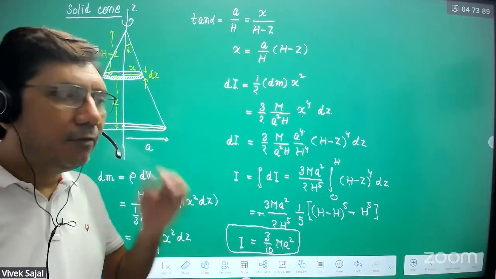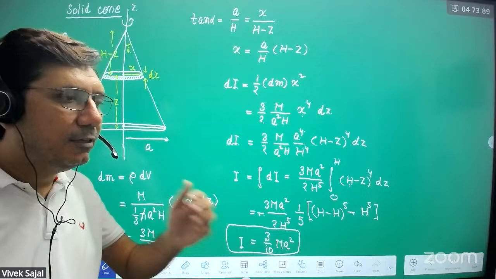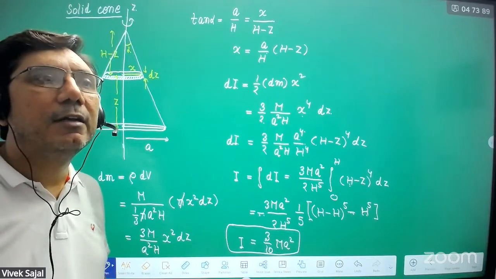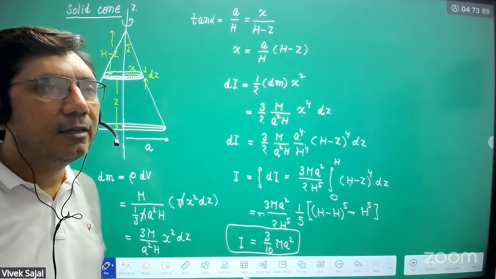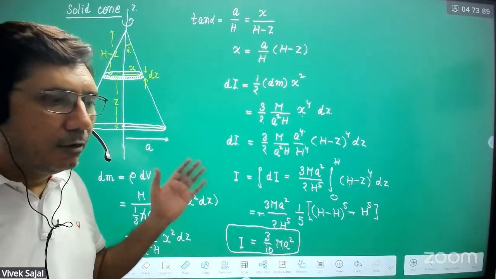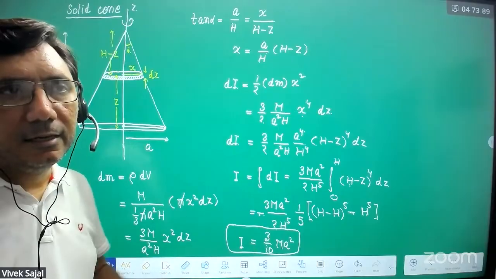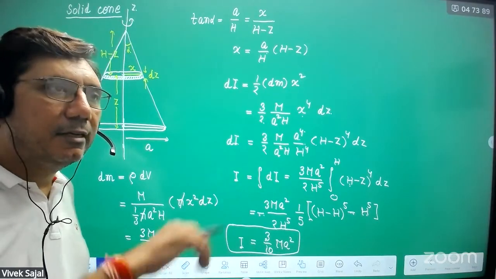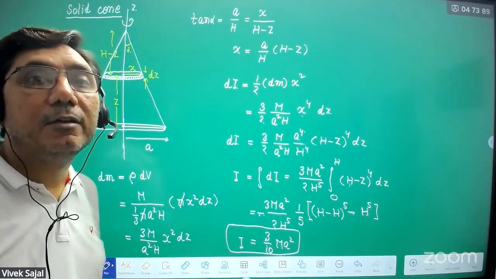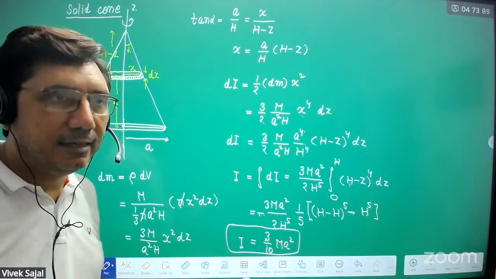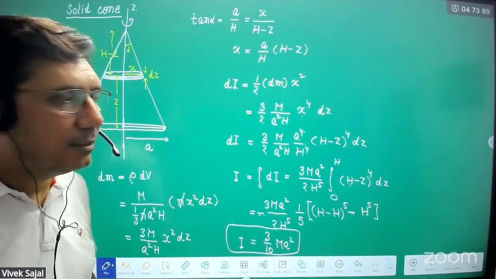And later on, we will learn how from the moment of inertia tensor, you can find out the moment of inertia of this rigid body about any arbitrary direction. You can choose any arbitrary axis and you can find out the moment of inertia of the rigid body about that axis. ठीक है बेटा?